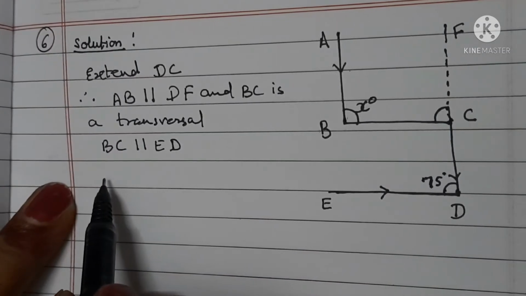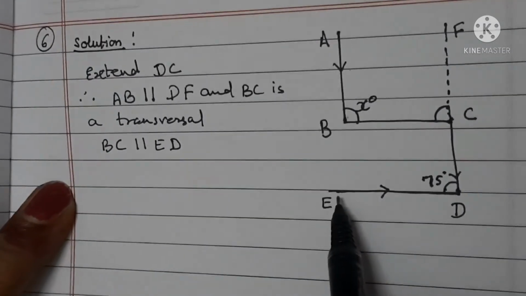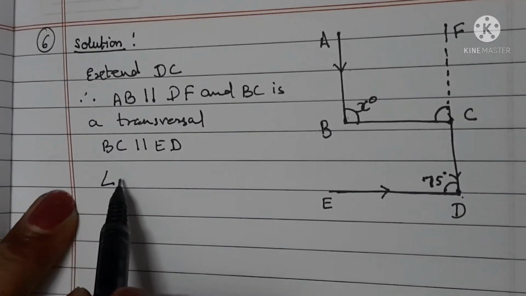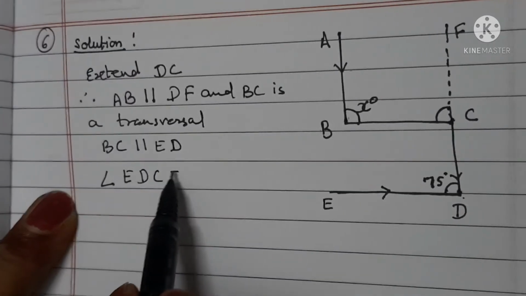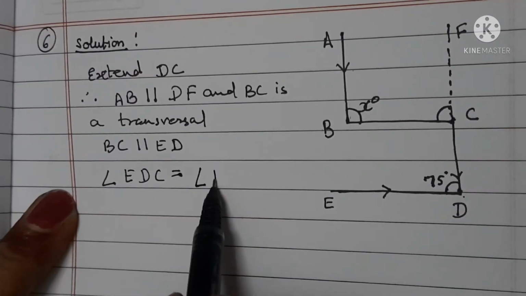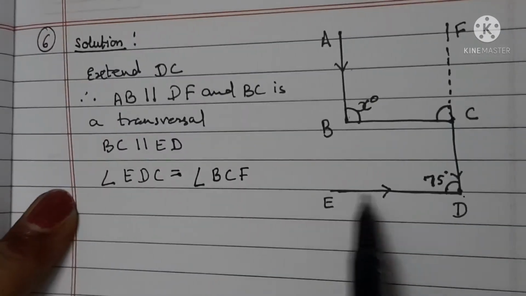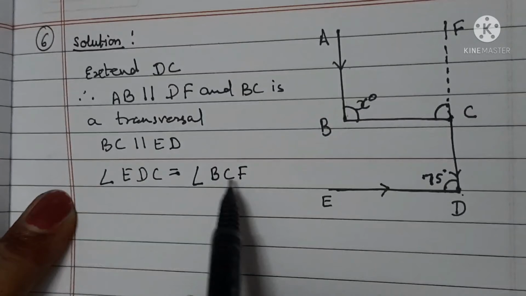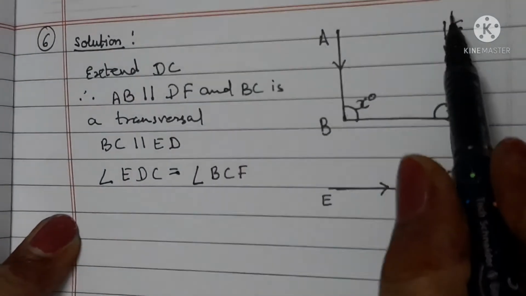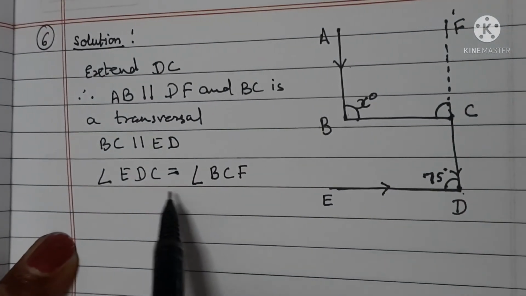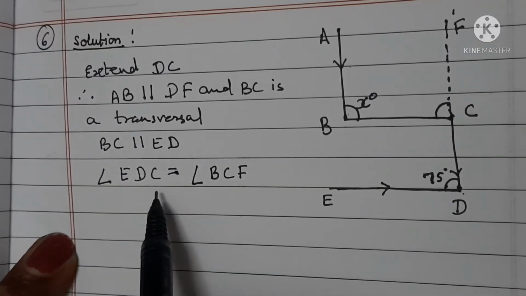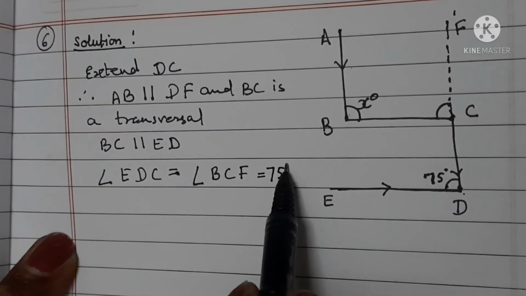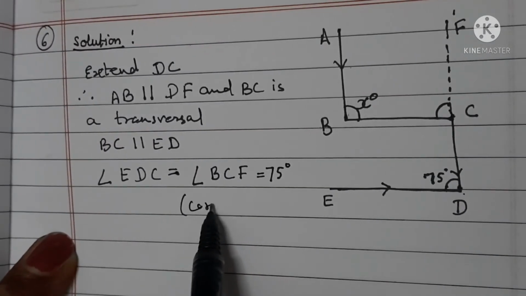So write it, angle EDC is equal to angle BCF. You can write it EDF also, this is your choice because both are the same thing. So these are corresponding angles. Write it 75 degree and give reason, corresponding angles.